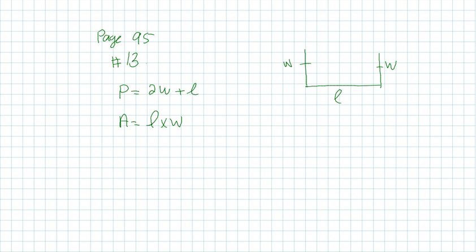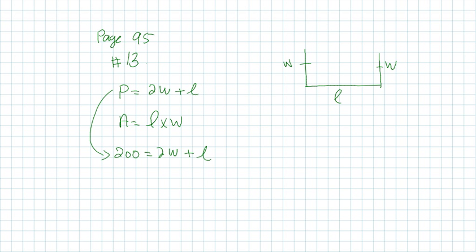All right, now, the perimeter is given to me, right? So I'm gonna start with the perimeter formula because that's the one that's given to me, and then I'm gonna replace P with 200. So I know 200 equals 2W plus L. Now, I have a choice of either isolating L and then finding W, or the other way around.